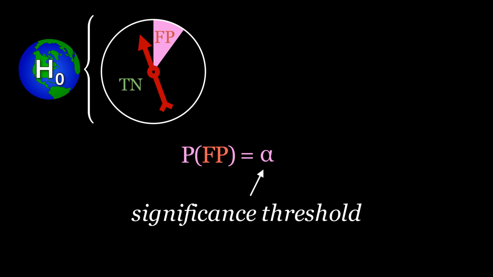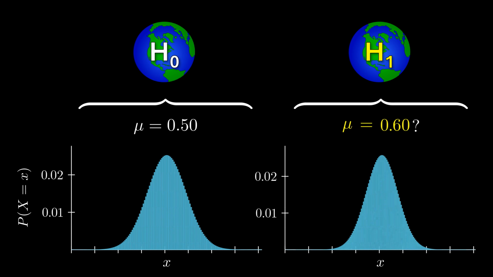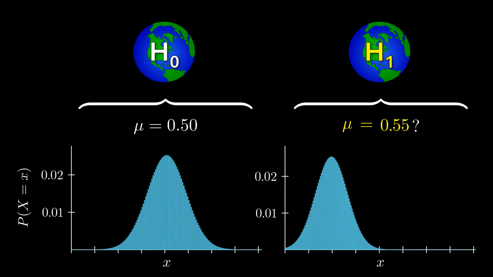To show you how, I want to reset the definition of a hypothesis test for a second, and imagine how we might come up with its rules from scratch. Remember, our goal with this test is to determine which of two competing hypotheses is true. Each hypothesis that we consider has an associated probability distribution, but only the null distribution is actually known because the alternative hypothesis doesn't specify exactly what mu is.